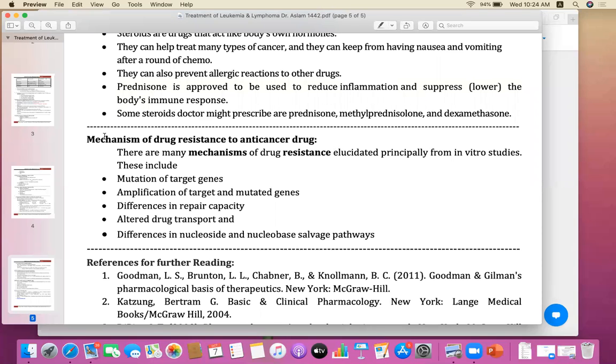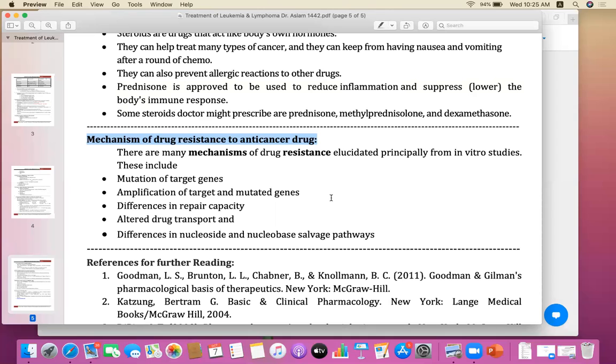There is one objective in our block for leukemia: mechanisms of drug resistance to anti-cancer drugs, because most of the drugs cause resistance. There are many mechanisms of drug resistance elucidated principally in in vitro studies, and this includes mutation of the target gene. Mutation means a change in the genetic makeup.